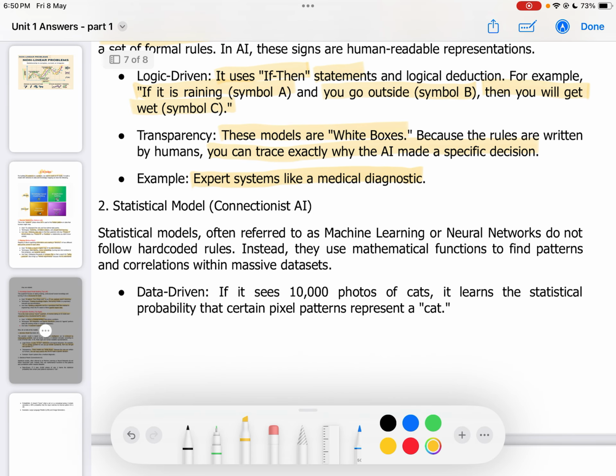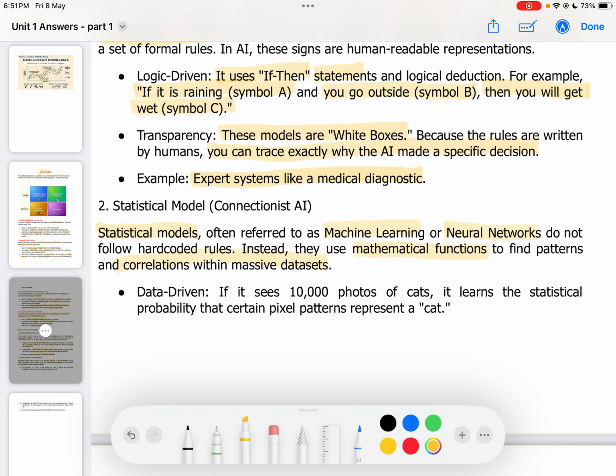Second is the statistical model. Statistical models are often referred to as machine learning or neural networks. They do not follow hard coded rules. Instead, they use mathematical functions to find patterns and correlations within massive data sets.